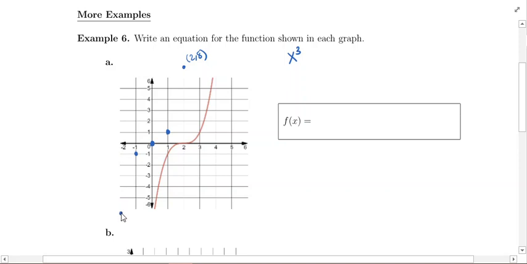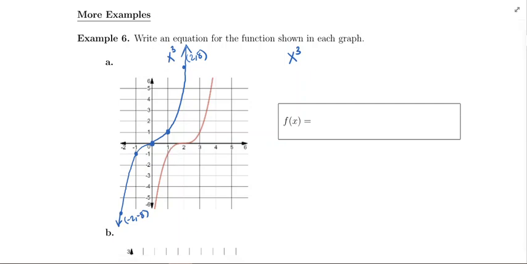So somewhere down here, this is going to be -2, -8. And of course, it's got that same S shape. All right, so there we go. This is the original basic function, x cubed, and we're trying to come up with the equation of the red graph.